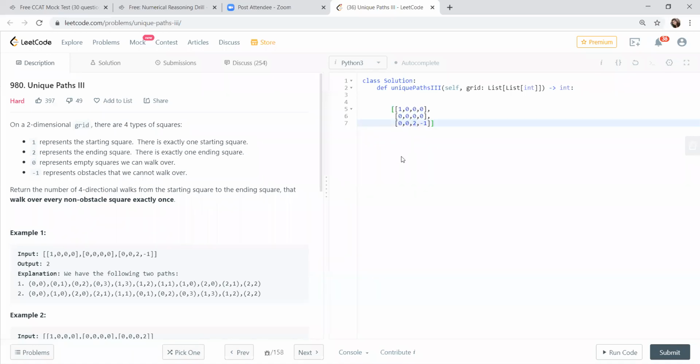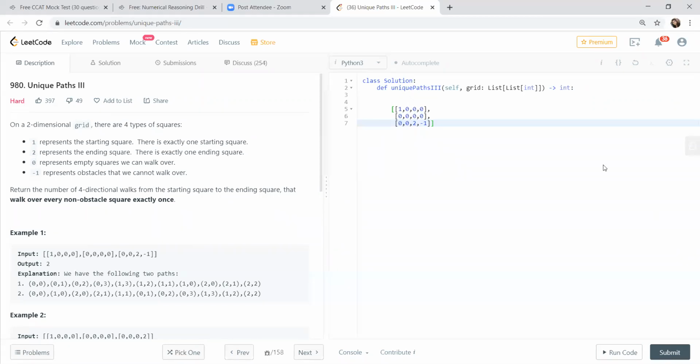And one thing more, I think we need to traverse all the zeros over here. It's saying return the number of 4 directional walks from the starting square to the ending square that walk over every non-obstacle square exactly once.